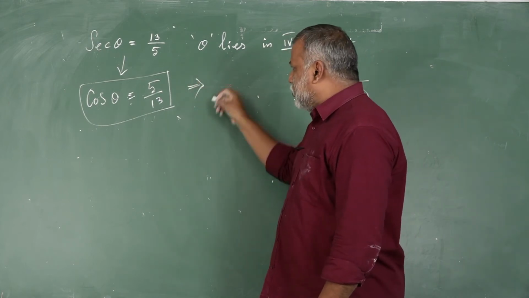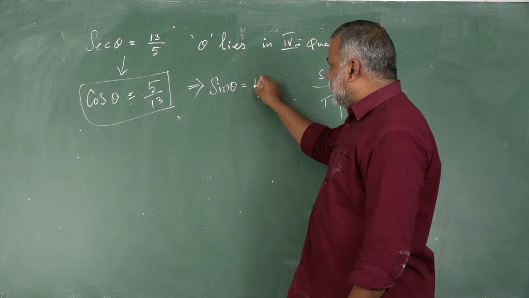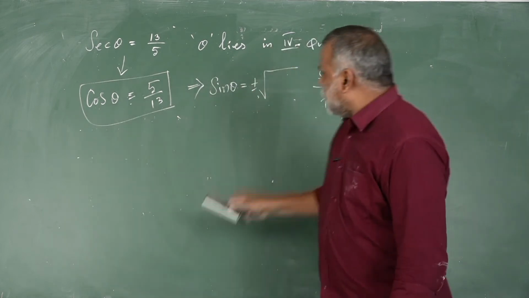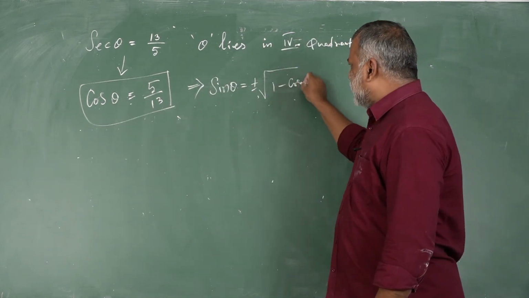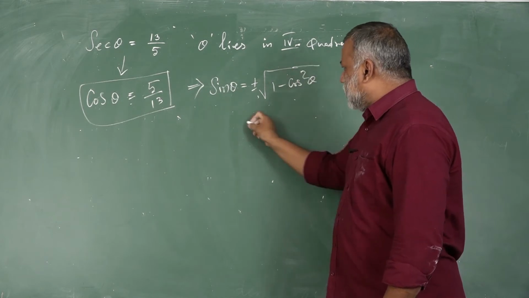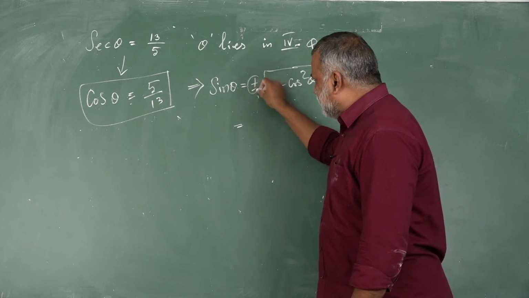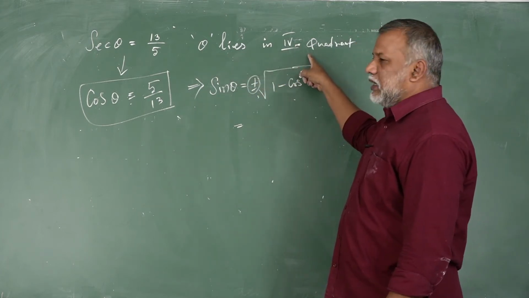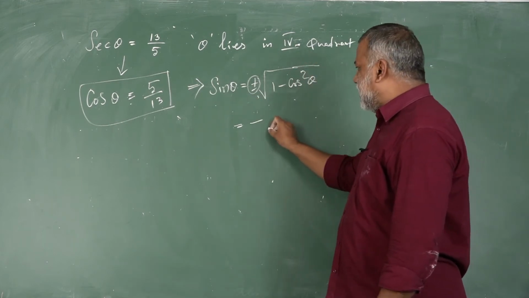Immediately we are able to find sin theta. The value of sin theta equals, from the identity, we have the formula, plus or minus square root of 1 minus cos square theta. The plus or minus symbol, we already explained. Theta lies in the fourth quadrant, cos takes positive, therefore sin gets negative.